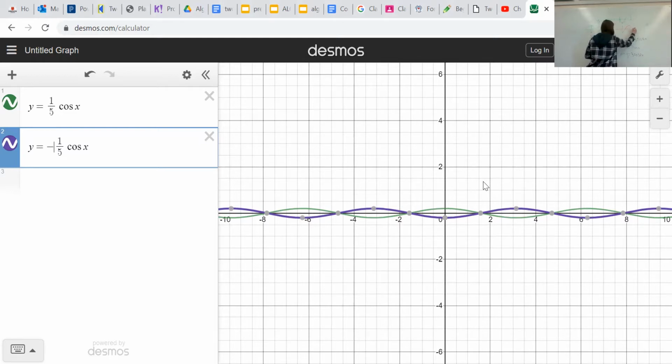So instead of having a valley first, you have that mountain. I know it's super stupid, I call them mountains and valleys. It's the best way to kind of describe them. So the next thing we've introduced is having a negative out in front. It's one thing that I see people mistake the most. Everyone's like, oh, I got my A and I got my B, I'm doing great. And they forget to reflect it.